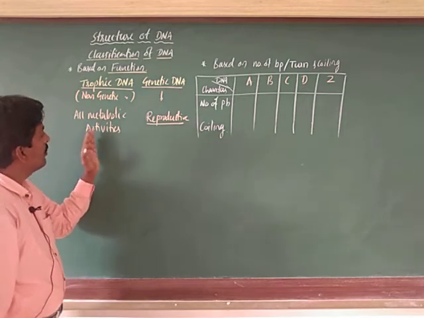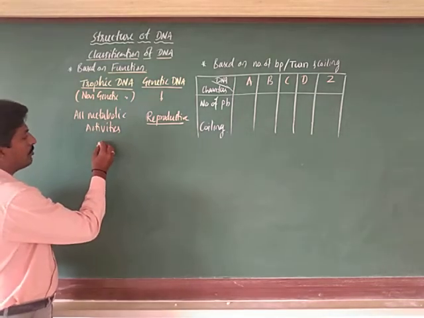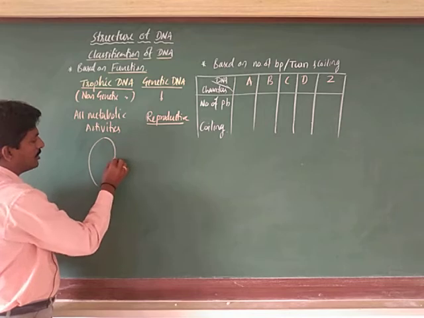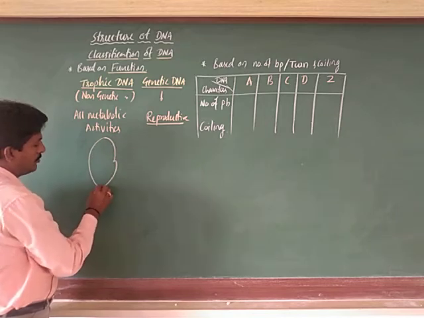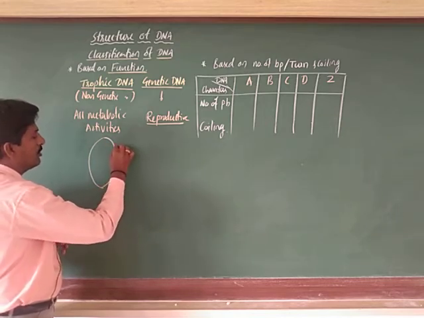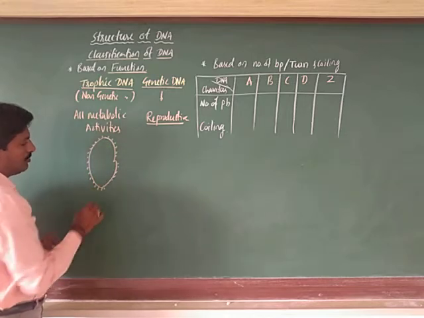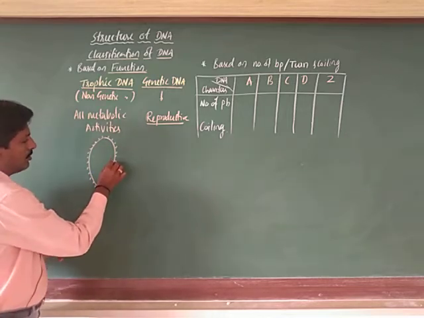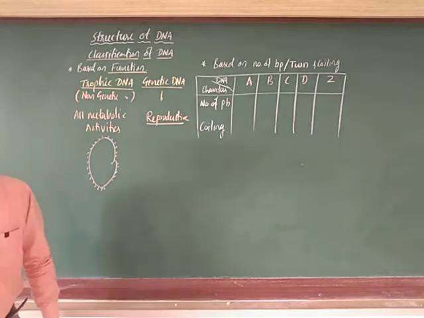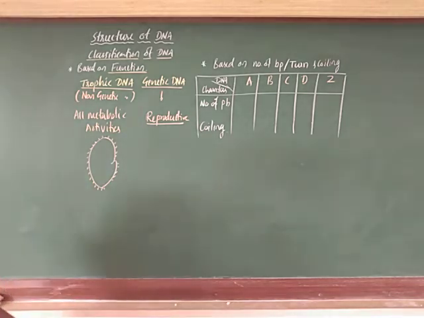For example, take the paramecium. This is the structure of paramecium, which, as you know, is a unicellular organism. Here there are two nuclei.